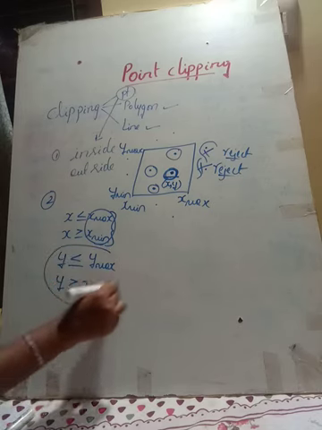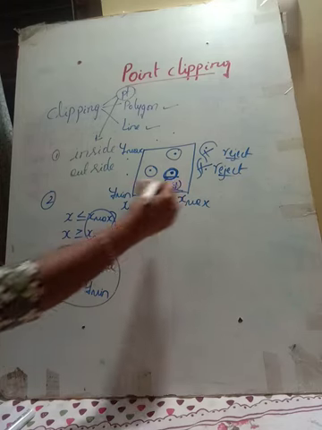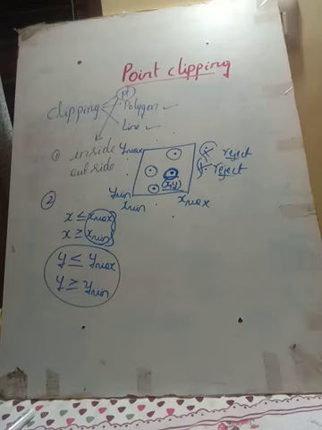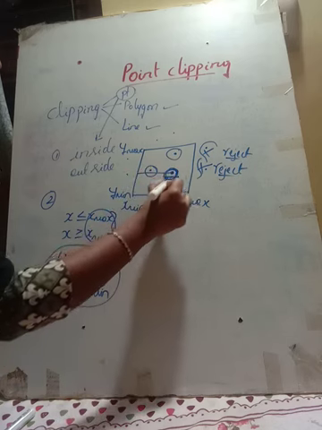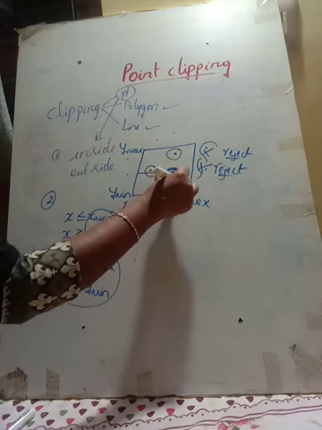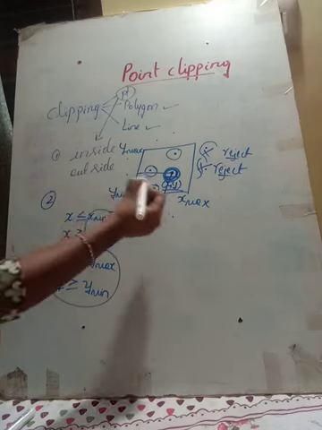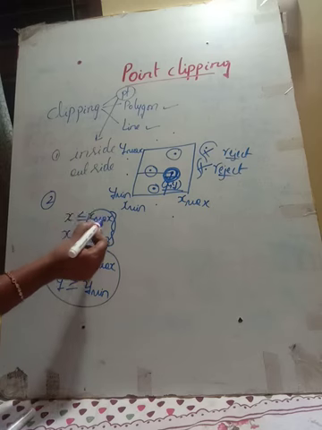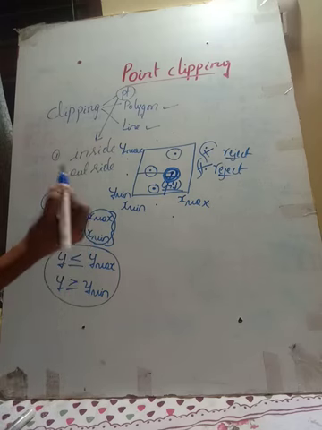These are the most important points to be remembered if we have x, y. The point should be within the window, and it must be considered as an x and y coordinate value. If the x value is less than or equal to x max, consider, and if the x value is greater than or equal to x min, consider.